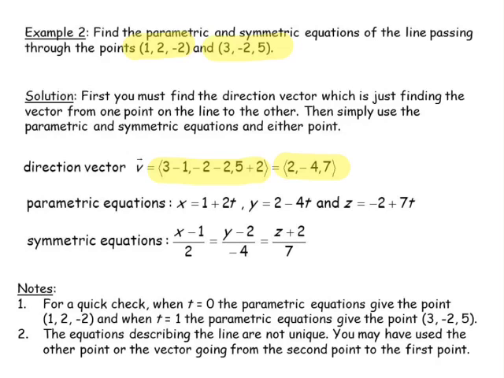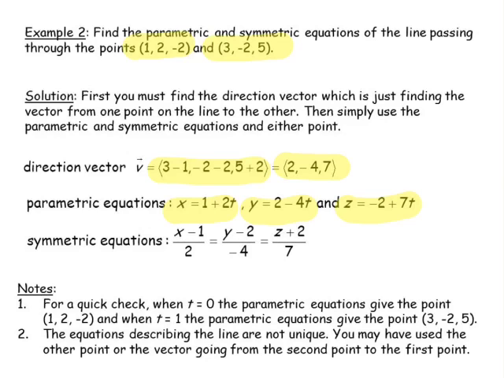And so my parametric equations: x equals 1 plus 2t, y equals 2 minus 4t, and z equals negative 2 plus 7t. You could have picked the second point, and you would have had x equals 3 plus 2t, y equals negative 2 minus 4t, and z equals 5 plus 7t.